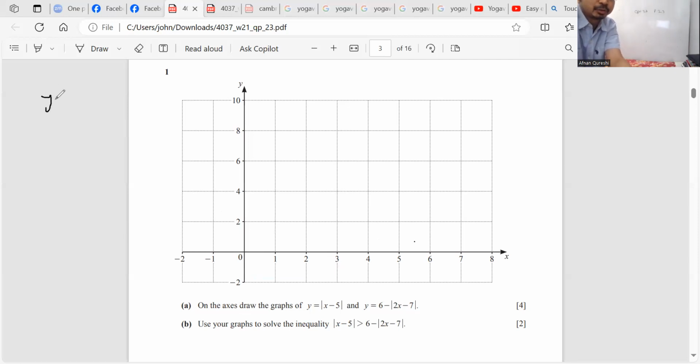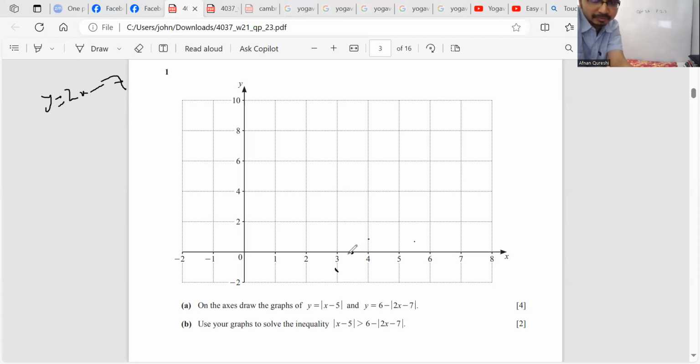When I do y is equal to 2x minus 7, let's say over here, when x is equal to 3, y is equal to 6 minus 7, which is minus 1. So the x-intercept is at 3.5. When x equal to 3.5, y equal to 0. If I put 2x minus 7 equal to 0, x is equal to 7 by 2, 3.5. When x equal to 4, 8 minus 7, y is equal to 1.